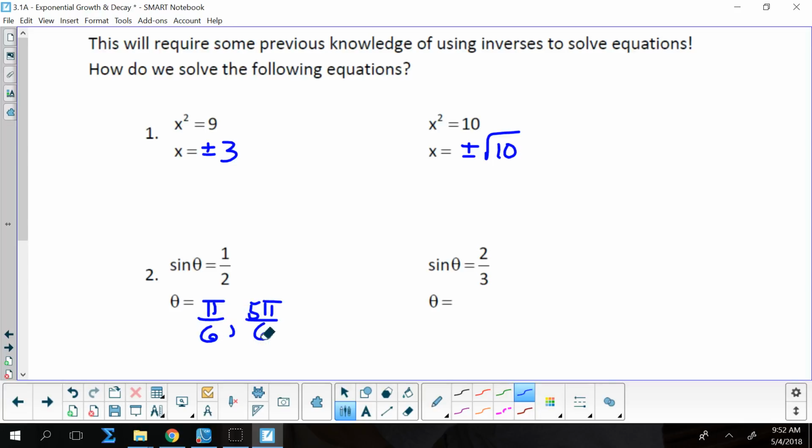What about 2/3? How would we do that one? Okay, so we know it's up top on the unit circle somewhere. It's not 1/2. It's not on the unit circle. So how can I go about finding what it actually is?